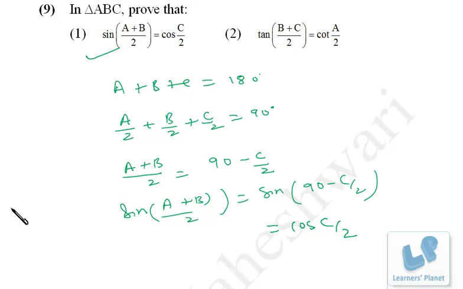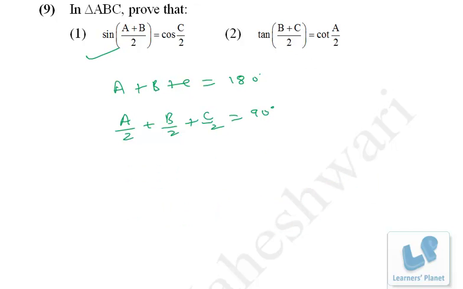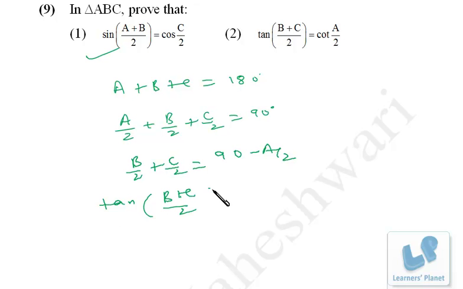As simple as that. Now similarly, if we take this second identity, here it's B by 2 plus C by 2 will be 90 minus A by 2. So tan (B + C) by 2 is equal to tan of (90 - A by 2), right? Now tan(90 - θ) is what?